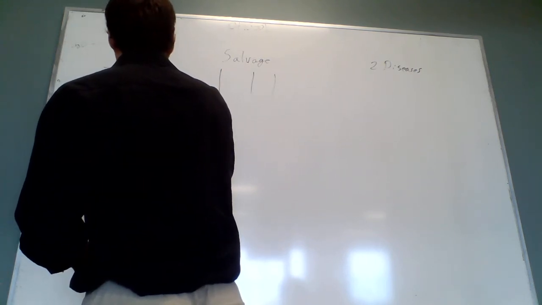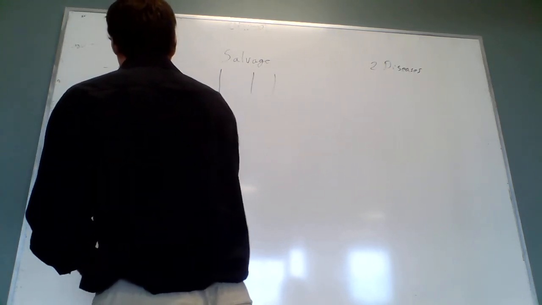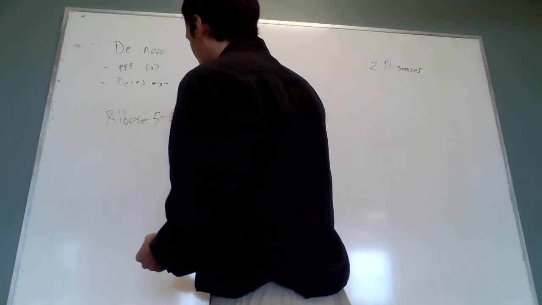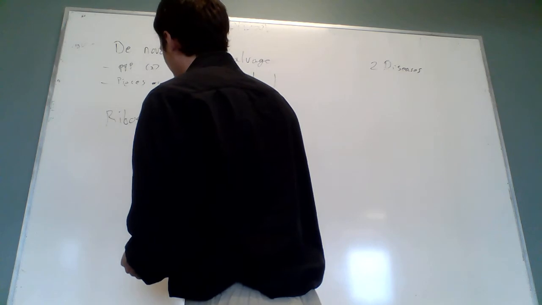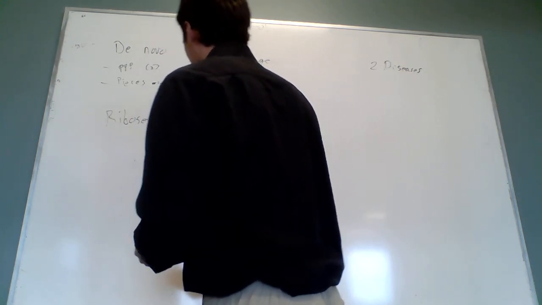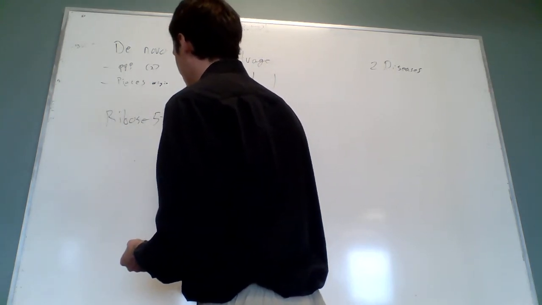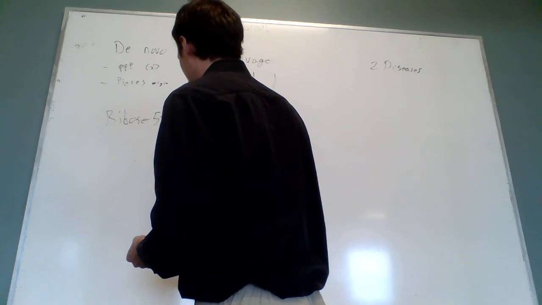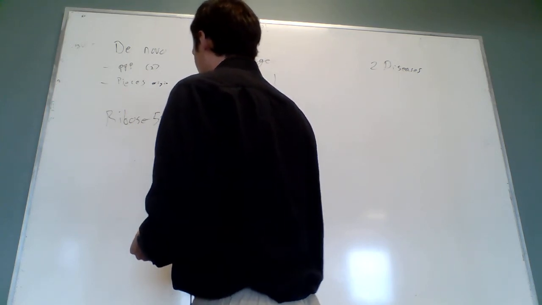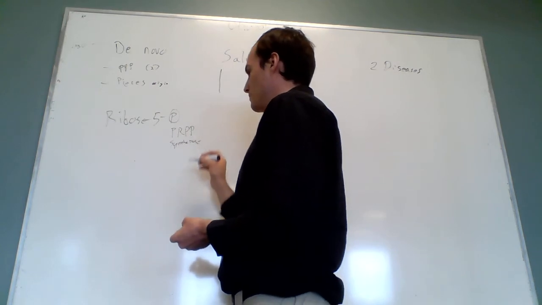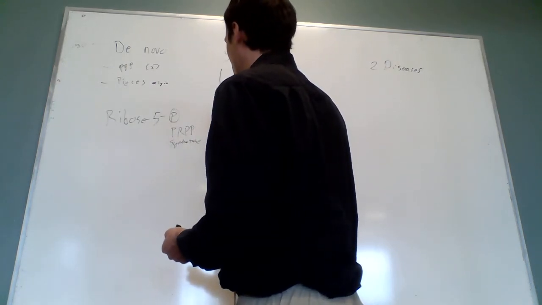Ribose 5-phosphate. All right, so ribose 5-phosphate is going to be acted on by PRPP synthetase, which is an enzyme. And it's going to take, as I recall, 2 ATP, and then it forms PRPP.